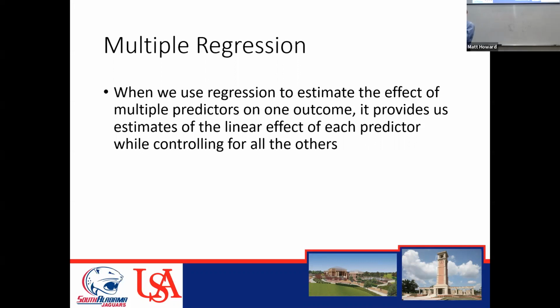Whereas with partial correlation, if you wanted all those relationships, you would have to run partial correlation after partial correlation after partial correlation. You only have to run regression once to get all of those relationships while controlling for all of the other variables. And that's another thing that makes regression so useful. It allows us to look at multiple relationships at the same time while controlling for all the other predictors.